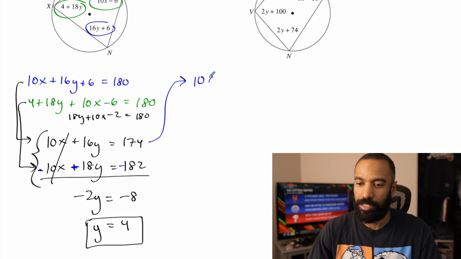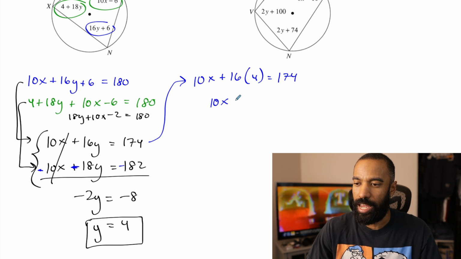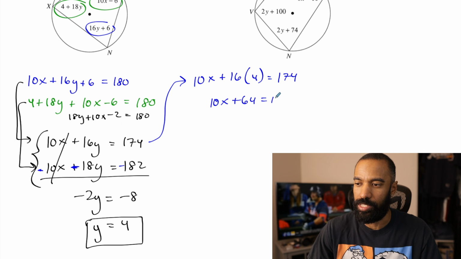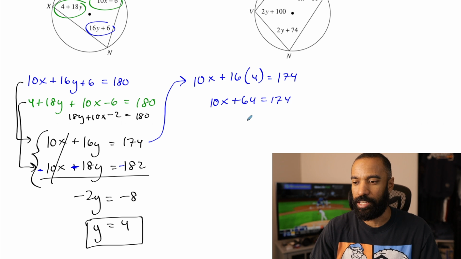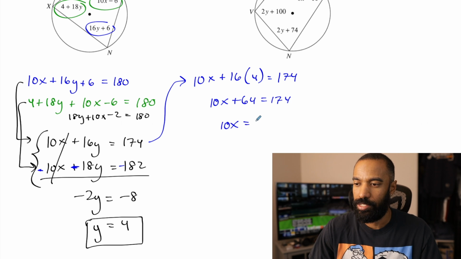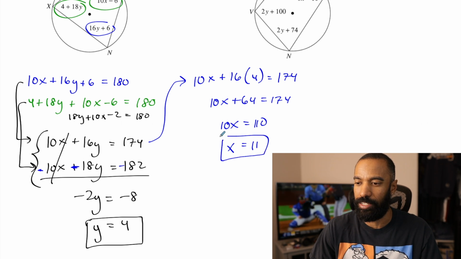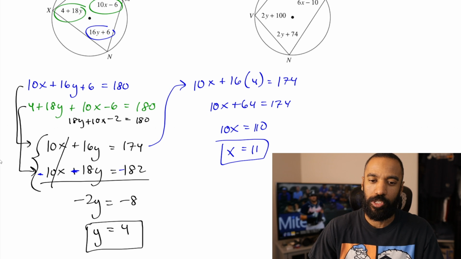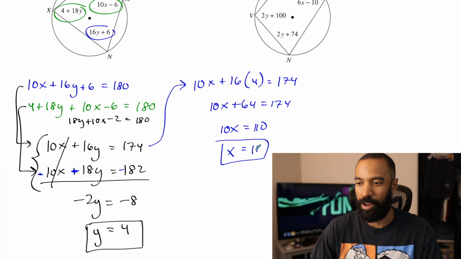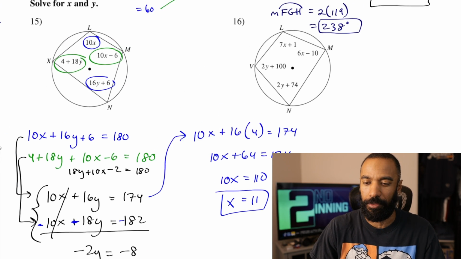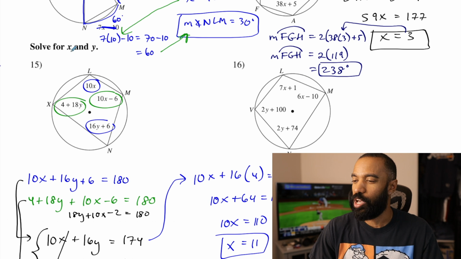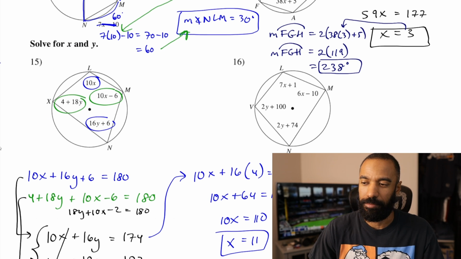So 10x plus 16 times 4 is 174. So 10x plus 64 is 174. If we subtract 64 from both sides, 10x is 110, and dividing both sides by 10, you get x equals 11. So solve for x and y. I'm used to writing a solution to a system of equations as an ordered pair, like 11, 4. I don't think that's necessary for this problem. But that's solving for x and y right there.